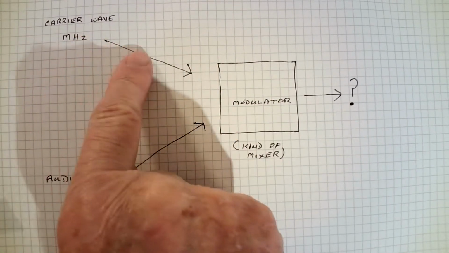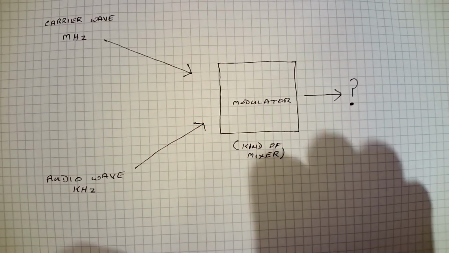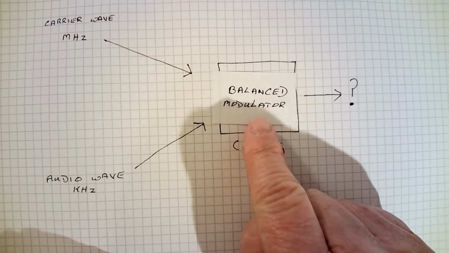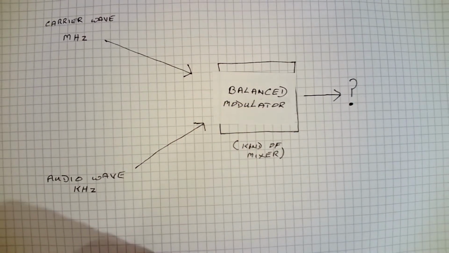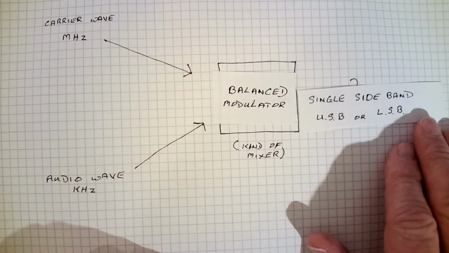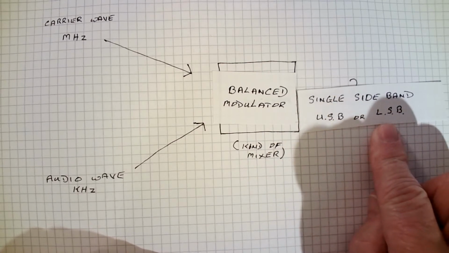if we feed a carrier wave and an audio wave into a slightly different device called a balanced modulator, then what comes out is a single sideband radio signal, either upper sideband or lower sideband.